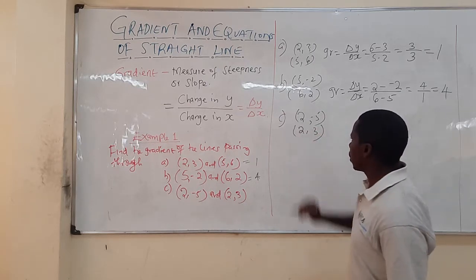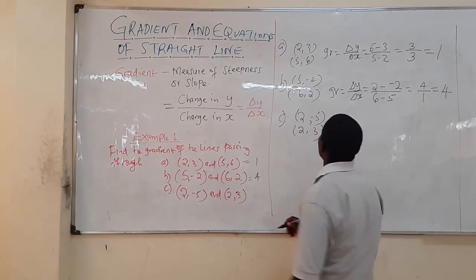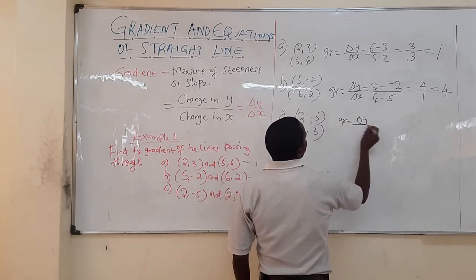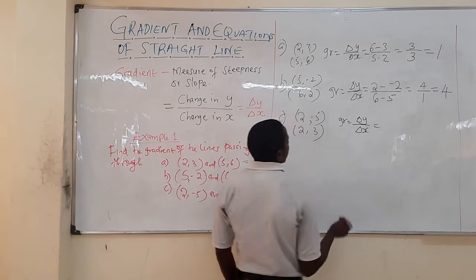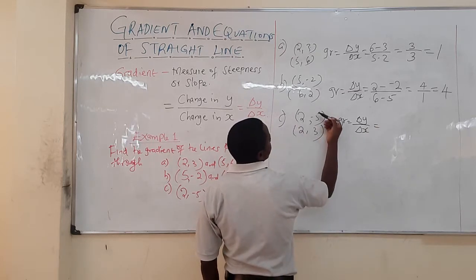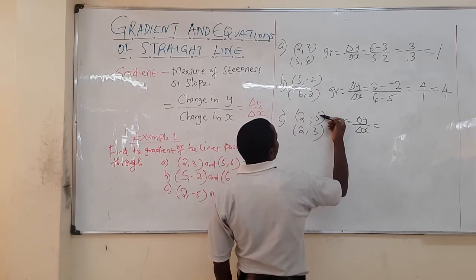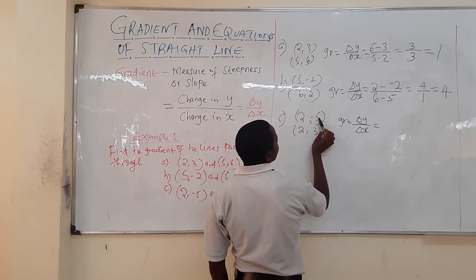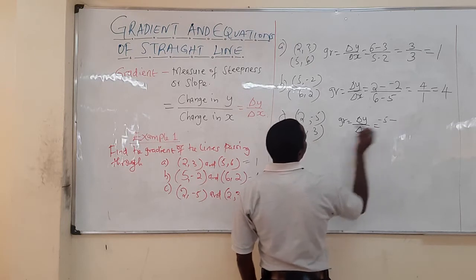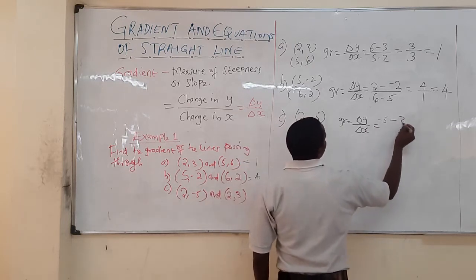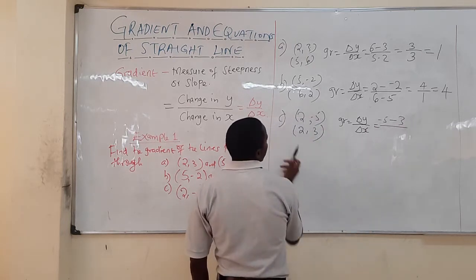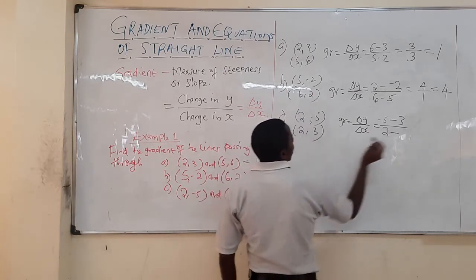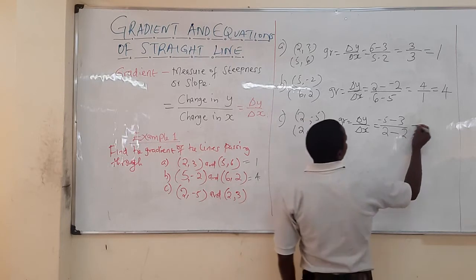Then part C, we have the point being (2, -5), and the other point is (2, 3). We want the gradient of this line, and the gradient we have said is given by change in y divided by change in x. You can use the first point now and subtract the second one. So of course you start with the y values: minus 5 minus 3, divided by 2 minus 2.